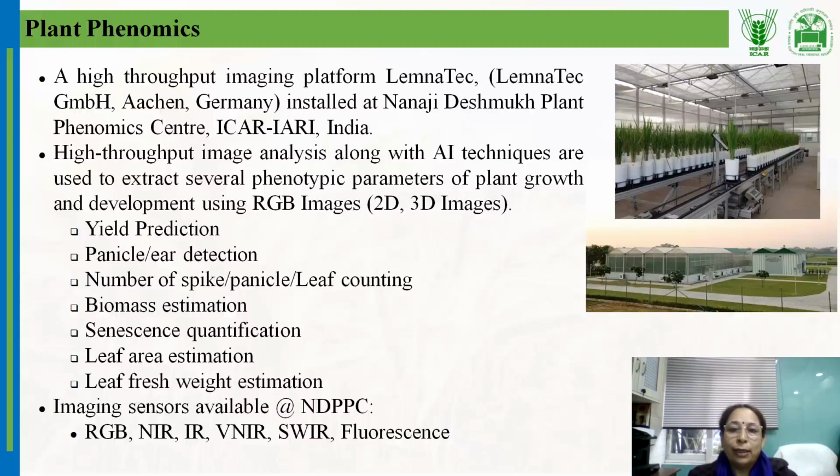Image analysis has been done applying certain deep learning algorithms to extract several phenotypic parameters related to plant growth. These studies have been carried out using RGB images, which are 2D in nature, and at the same time, sub-studies are being carried out on 3D imaging also. So we are going to see these studies.